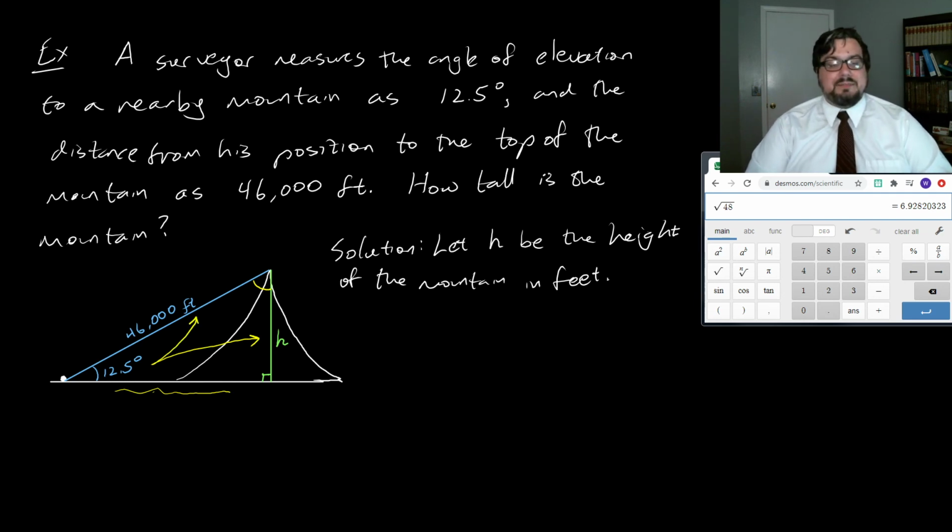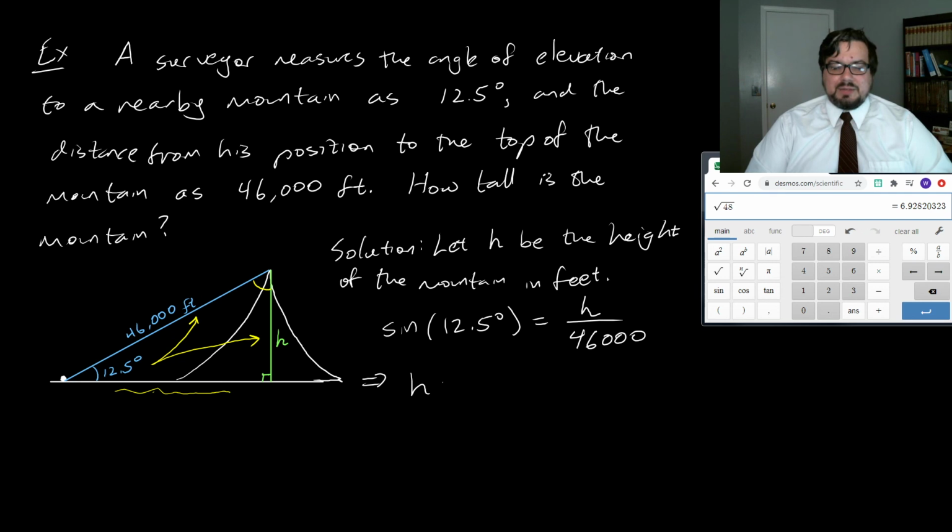And in this case, the answer is sine, because the length that we're trying to find is the opposite side, and the length that we know is the hypotenuse. So now we have that sine of 12.5 degrees is equal to h over 46,000. Rearranging that, we get that h is equal to 46,000 times sine of 12.5 degrees.